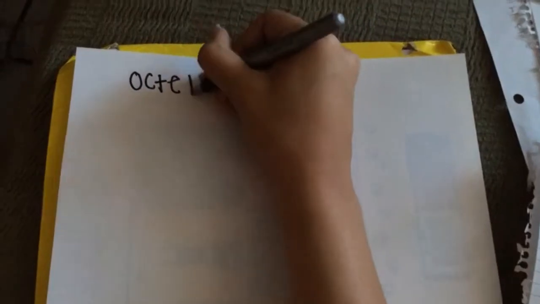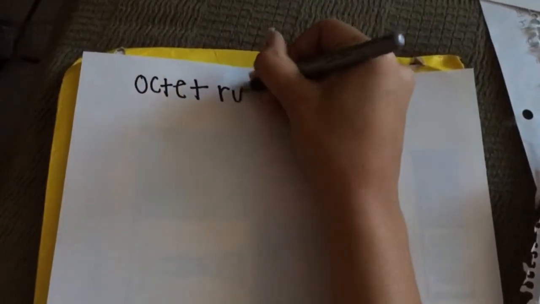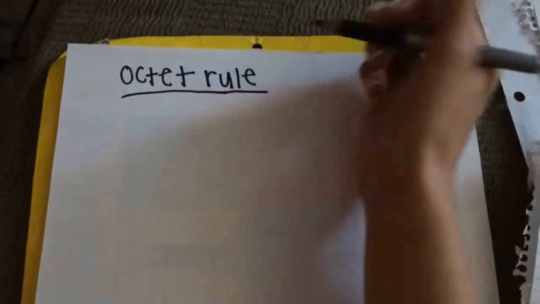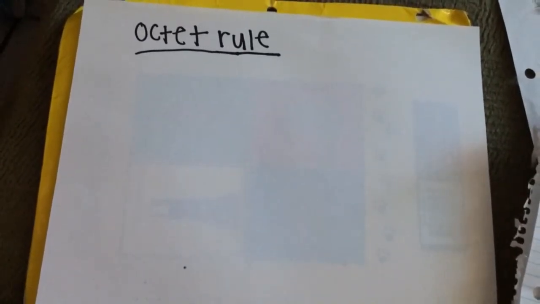The octet rule. The octet rule requires all atoms in a molecule to have 8 electrons, either by sharing, losing, or gaining electrons to become stable.